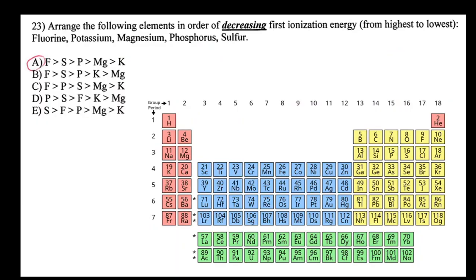Arrange the following atoms or elements in terms of decreasing first ionization energy from highest to lowest. Ionization energy refers to the amount of energy that's required to remove an electron from an atom.